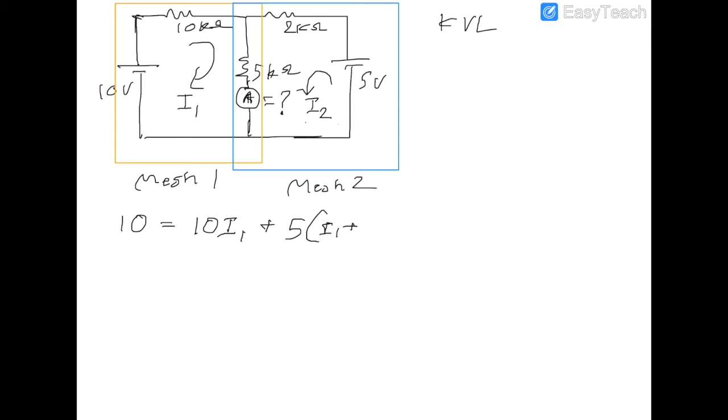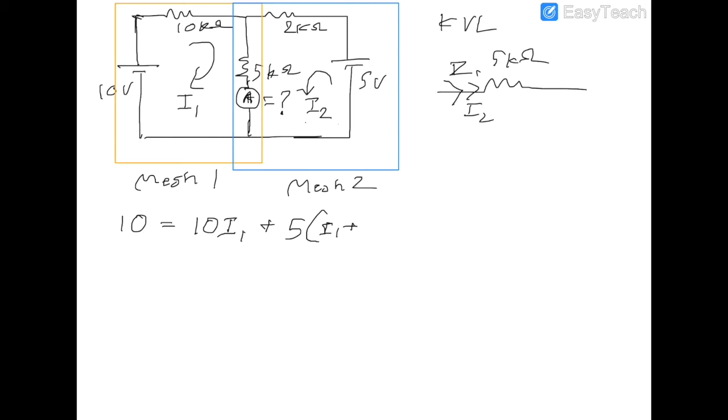So here, if you look at the 5 kilo ohm resistor, you've got two currents. You've got your I1, and you also got your I2.